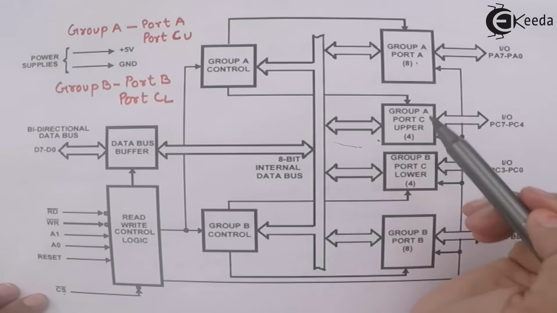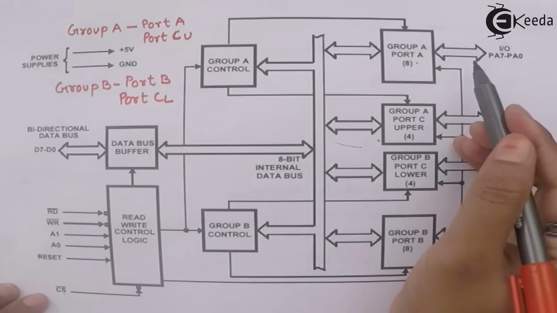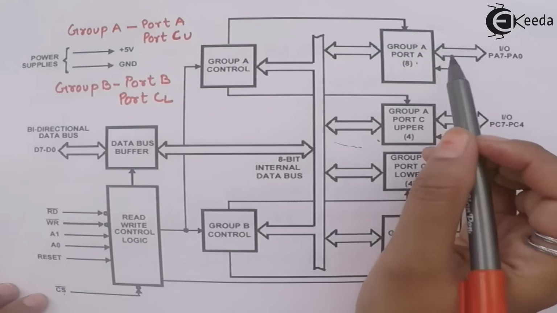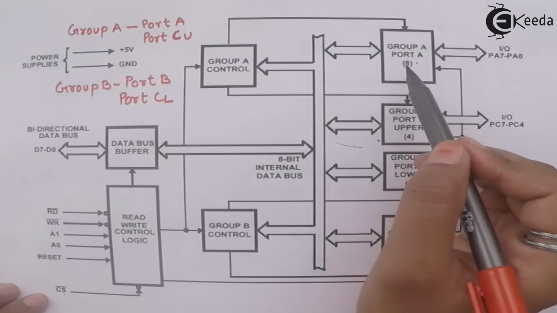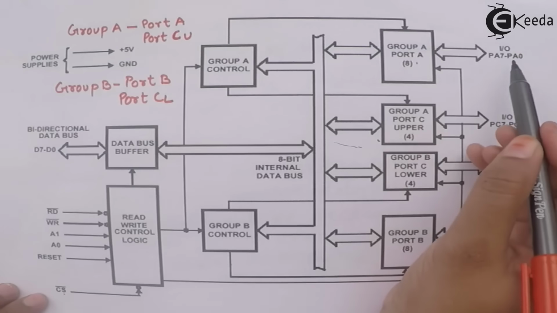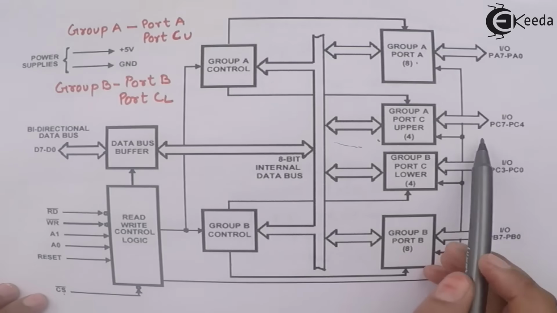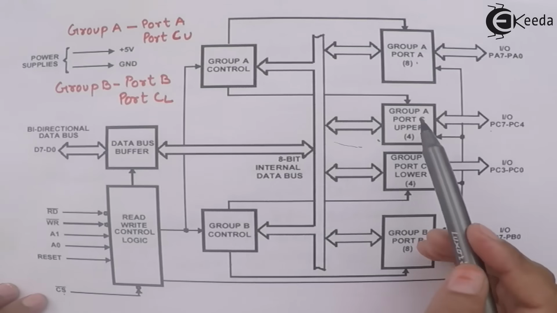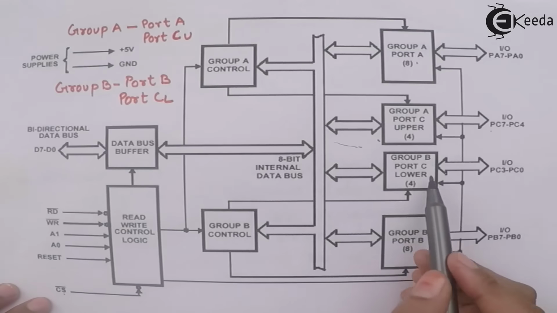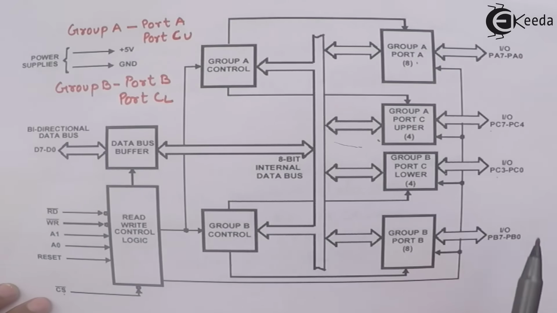Now these ports can act as input output ports. Because they are 8-bit ports, they have the pins PA7 to PA0, PC7 to PC4 because it is port C upper, then port C lower, PC3 to PC0, and port B, PB7 to PB0.